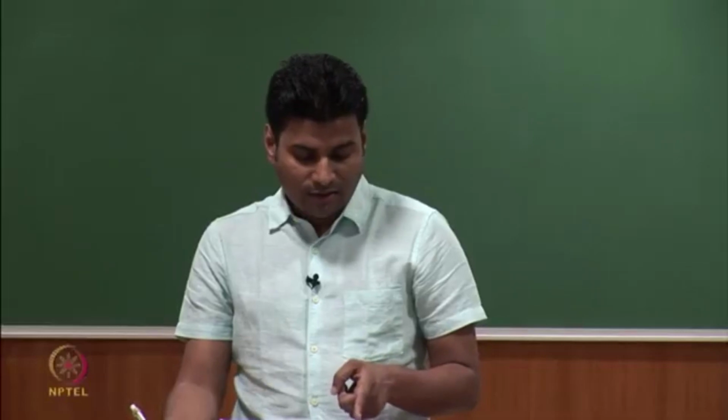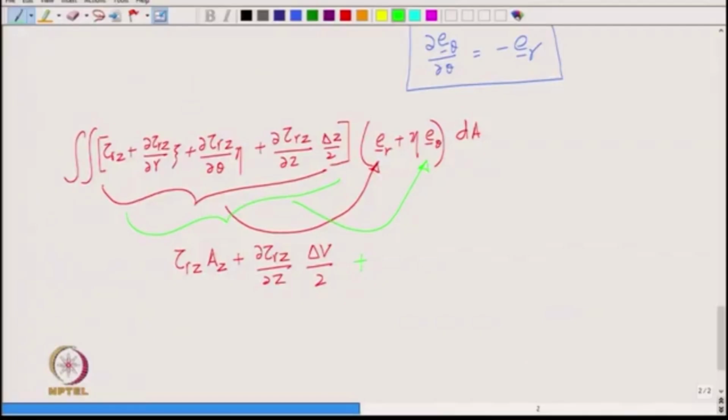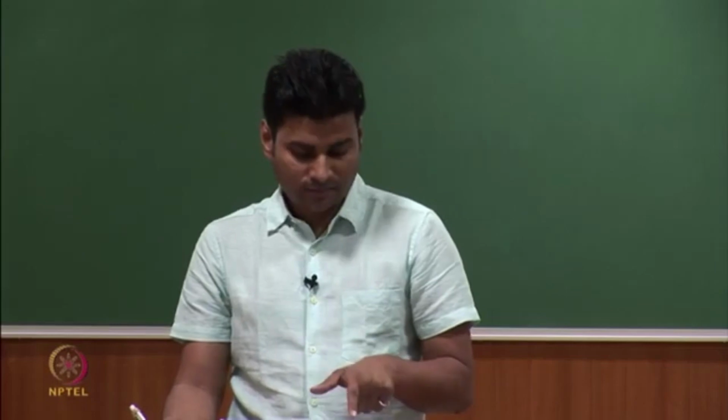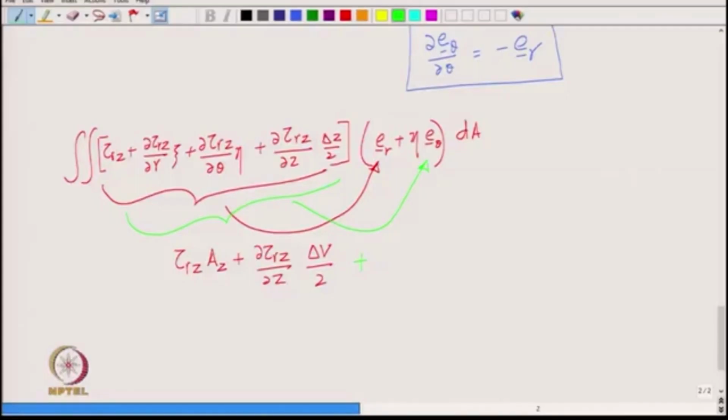What is that going to be? So, when you do tau rz times eta E theta dA, everything is constant and then you have integral of eta dA, but that is 0, right. For the second term, you will get zeta times eta dA. Let me just write it down.